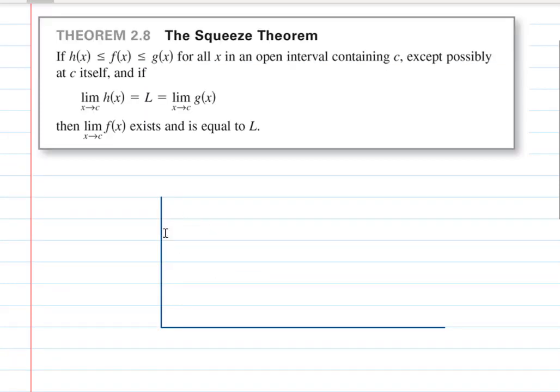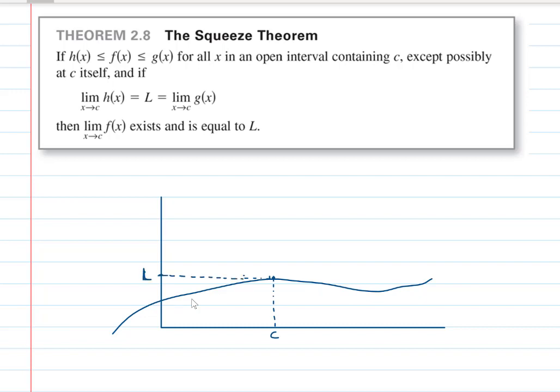So if I was to make a graph here, just a rough sketch of the idea of the squeeze theorem, it's basically saying if you have an h of x, so let's say you have some function here, and let's say this is your point c right there. So we know, and this is L, your limit is going to be L right there.